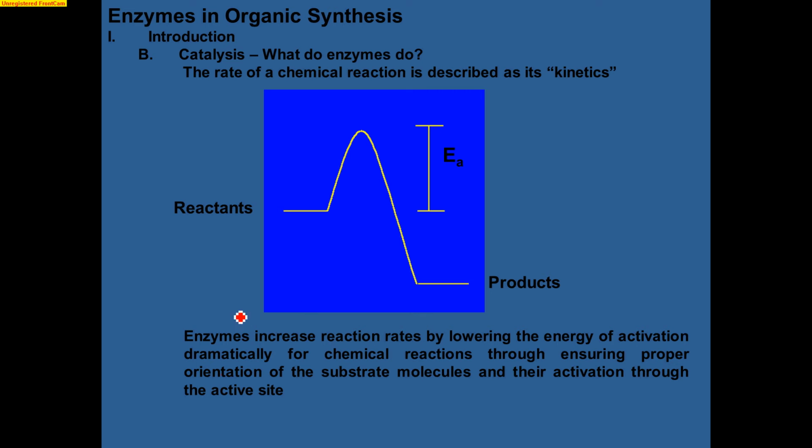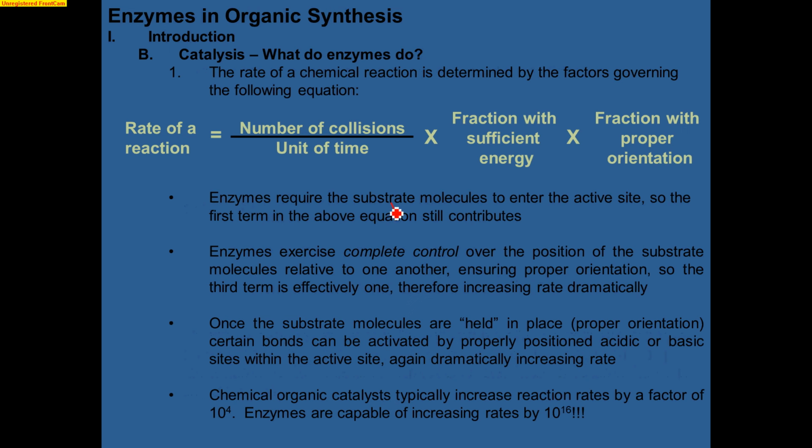So effectively what's going to happen here is that if we think about this as a normal energy diagram for a reaction, so if this is your activation energy of the normal reaction, what an enzyme is going to do is lower that activation energy.